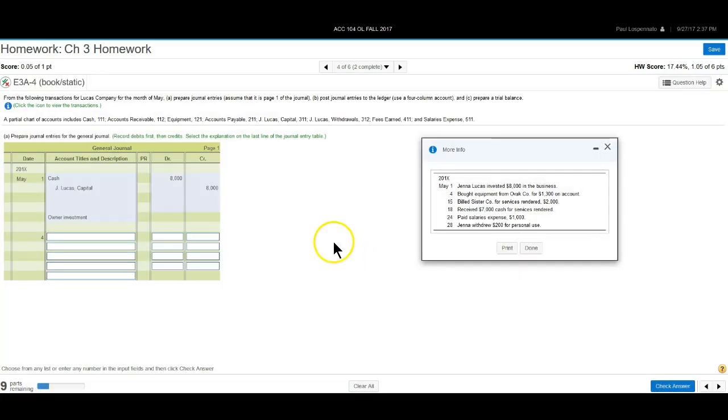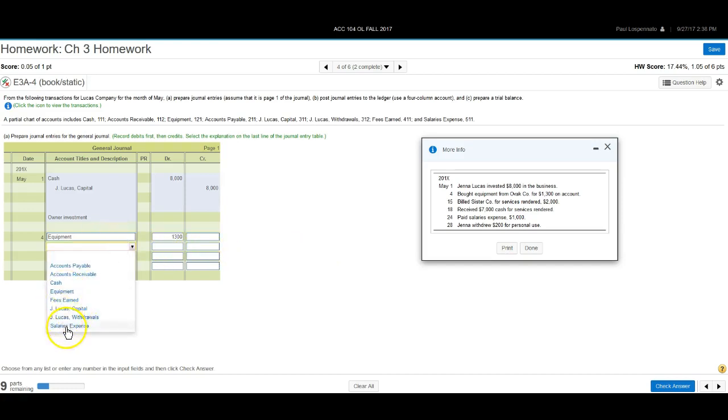And then perhaps the second entry will show up, and it's dated the 4th. Equipment on credit. We have to tell everybody what accounts are affected. When we analyze, a piece of equipment came in, it's an asset, so we debit it, and the amount is $1,300, and it's a credit transaction.